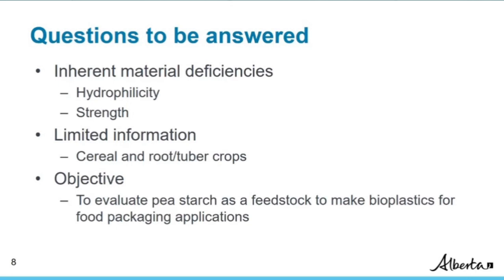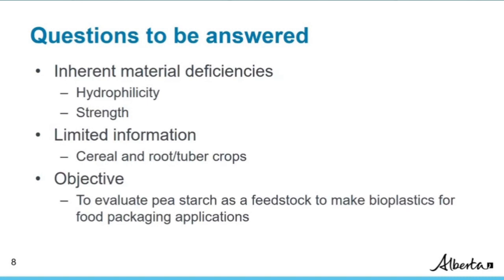And all the information we talked about above mostly was about the cereal and root or tuber crops, such as cornstarch, potato starch, cassava starch. We have quite limited information on pea starch or pulse starch.